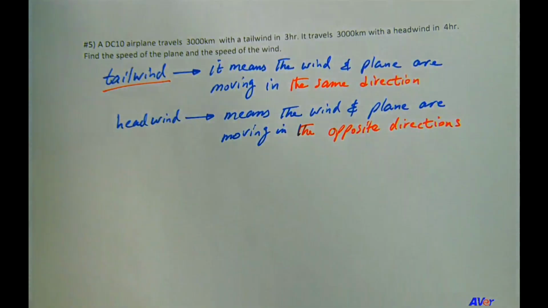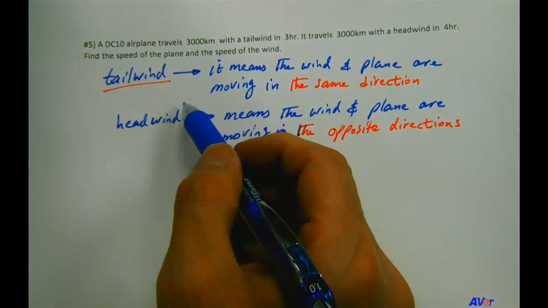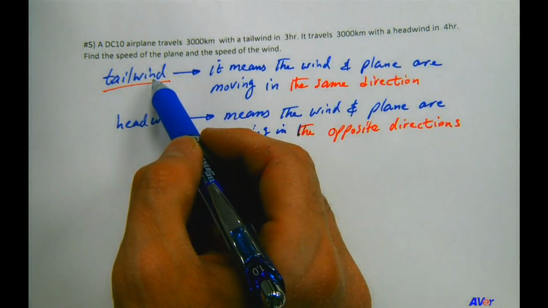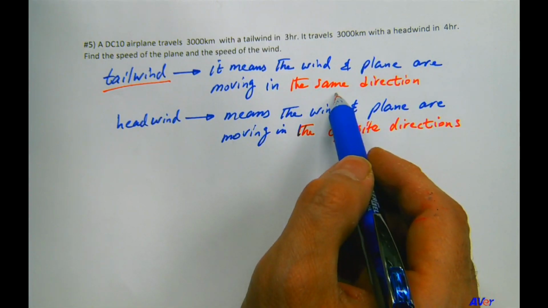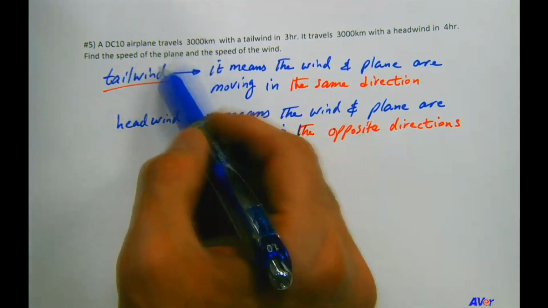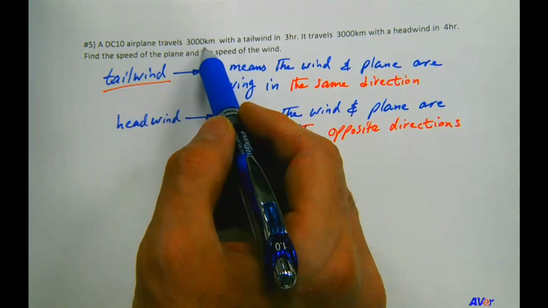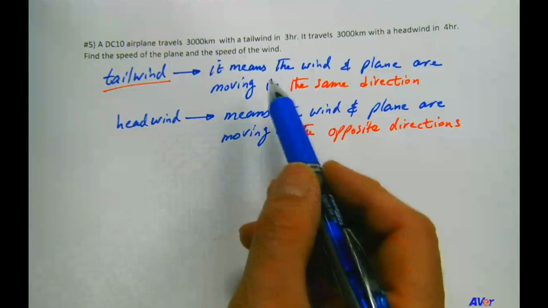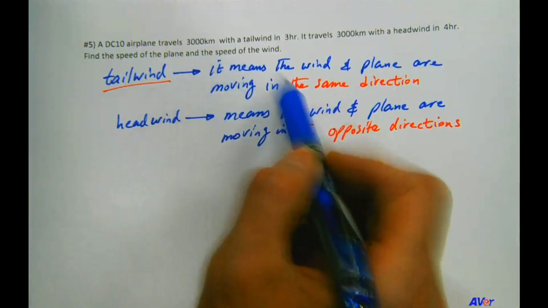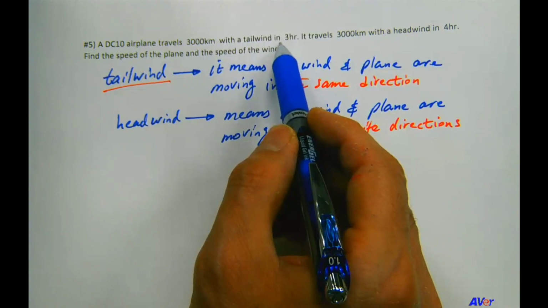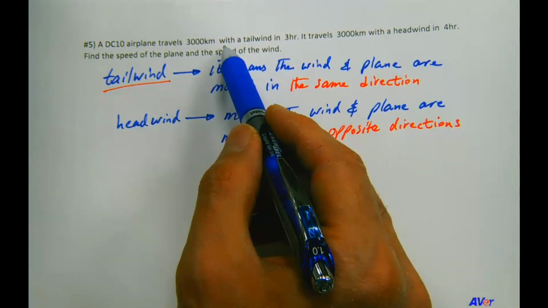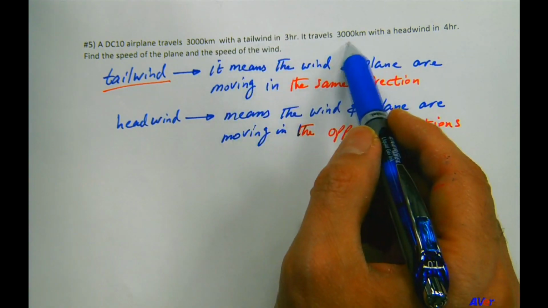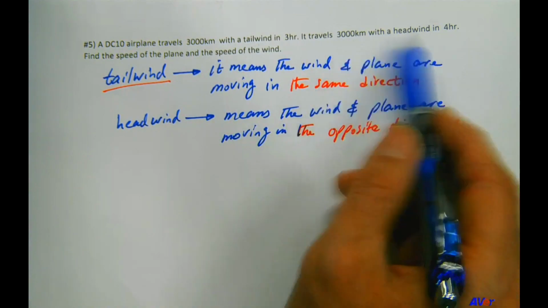So, then let's set up an equation for each case. For the plane and the wind going in the same direction, for this plane to travel 3,000 kilometers, and then another equation for the headwind, keeping in mind that it's taking the plane less time to travel the same distance with a tailwind than it does with a headwind.